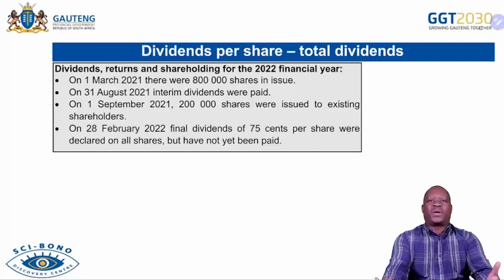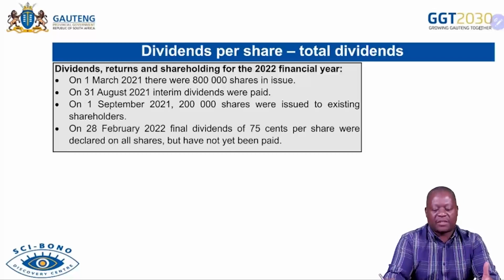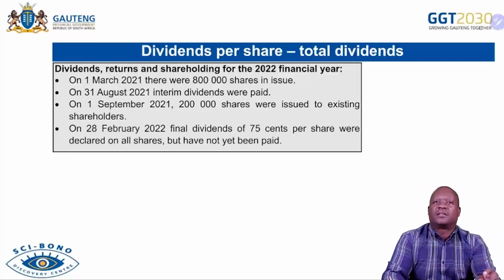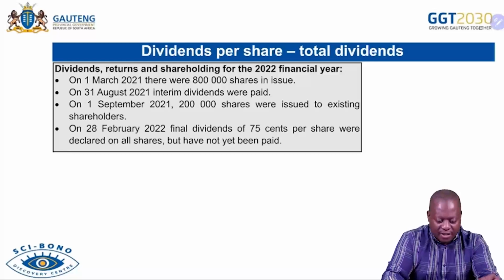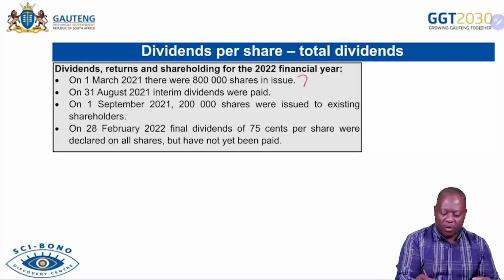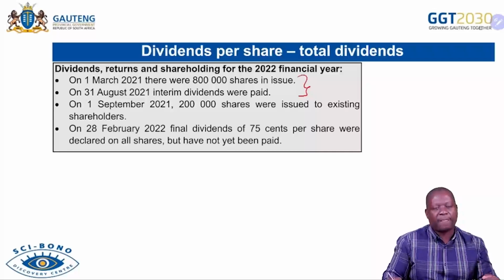Now, the next thing that we are going to look into is the total dividends per share. Remember, we only have our interim per share, which is 30 cents. Now, let's see what other information we are given. We have already looked into the first two items, so let's go to bulletin number 3.